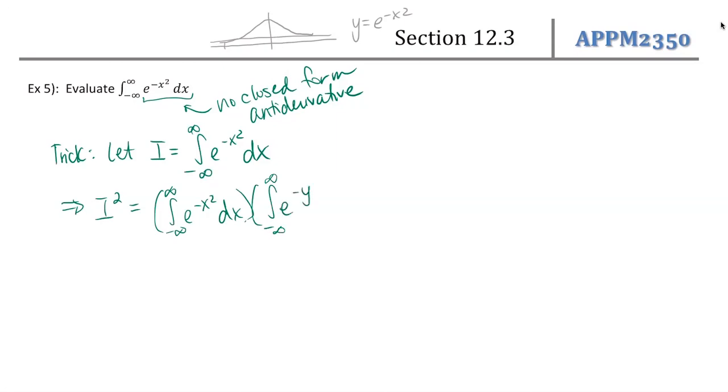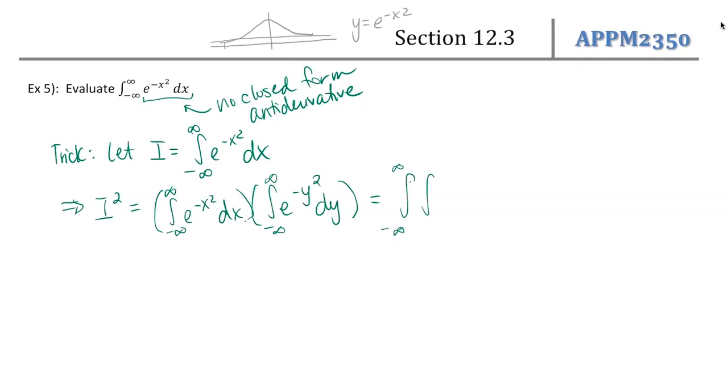I can actually use a different dummy variable if I'd like to here, because at the end of the day, this is either going to diverge or it'll converge to some number. Okay. We're going to figure out what it is in a minute. But this to me looks like, if you think of it, a double integral that's been decoupled. So let's recouple this double integral.